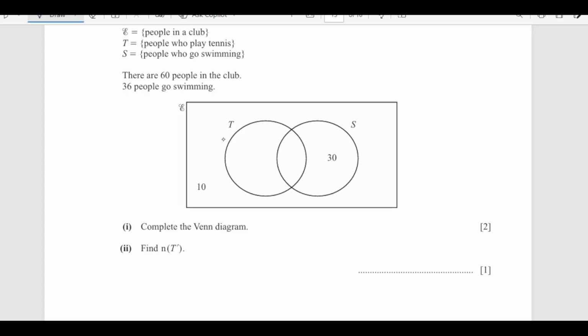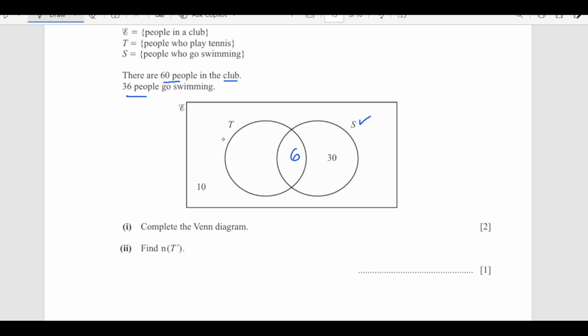There are 60 people in the club, 36 people go swimming. This is the circle of swimming, and we have 36, but only 30 is shown here, so that means 6 should come here, right?